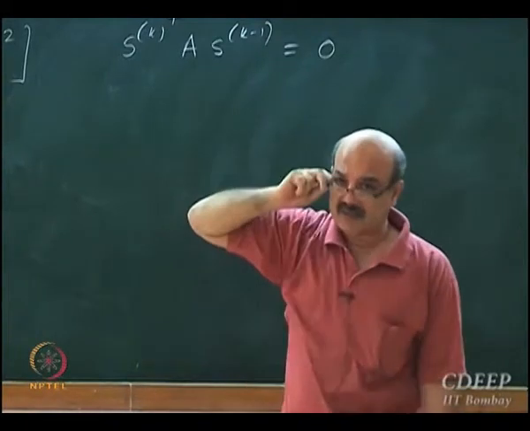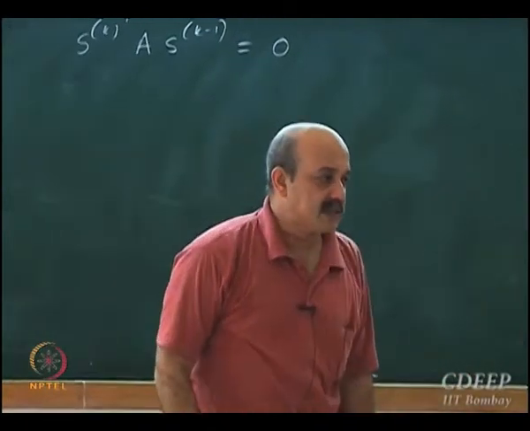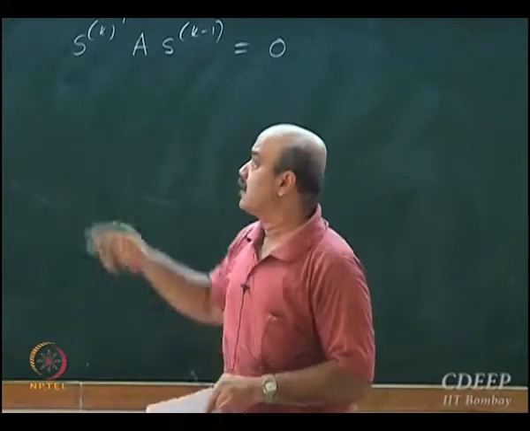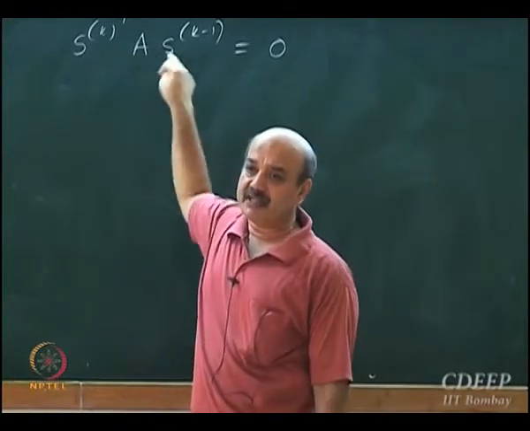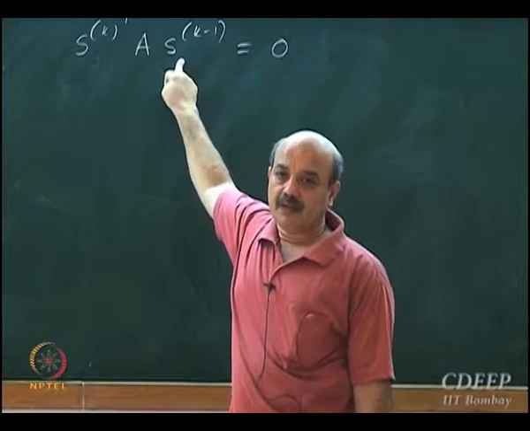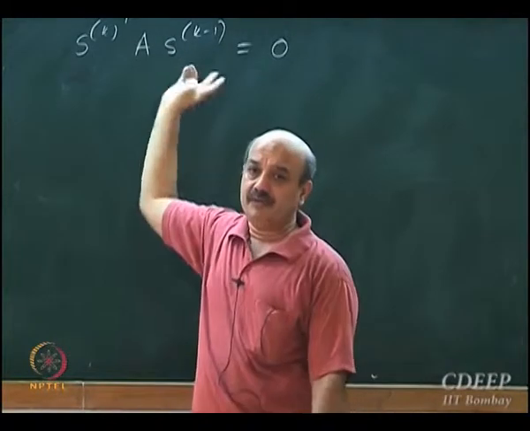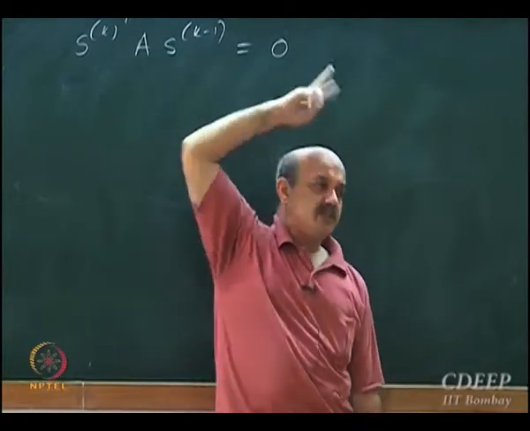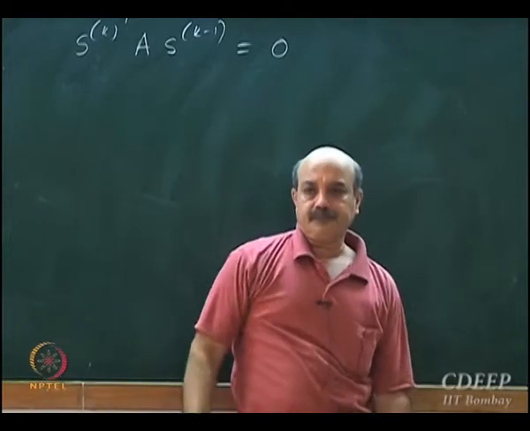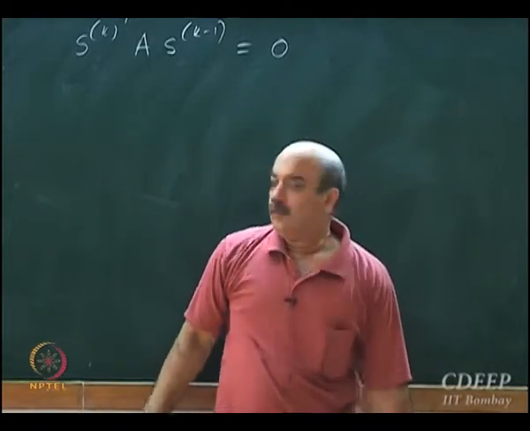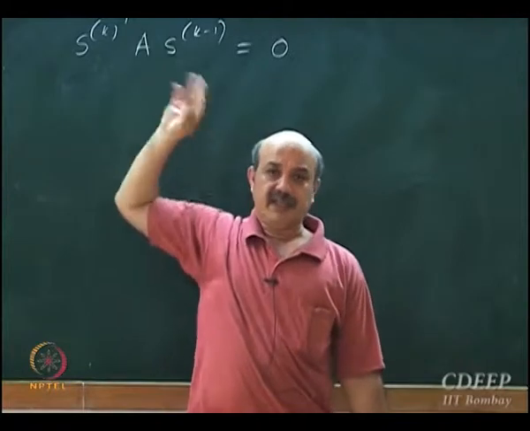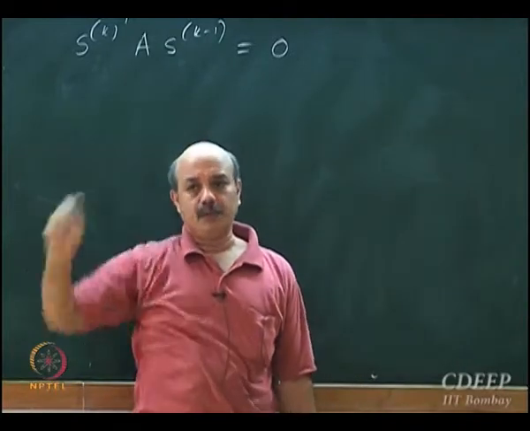Given the A matrix, which is a positive definite matrix, we call search directions Sk and Sk minus 1 A conjugate. When you take any two successive directions, you should have this property.